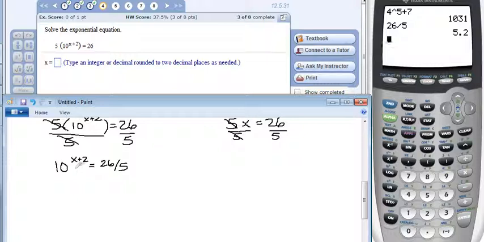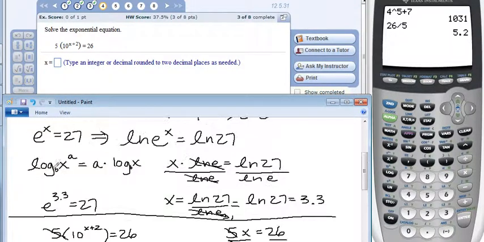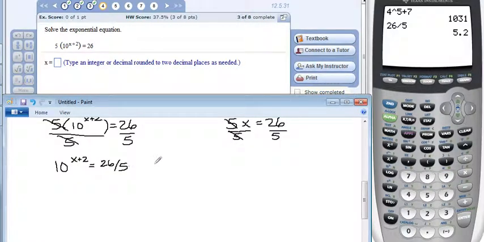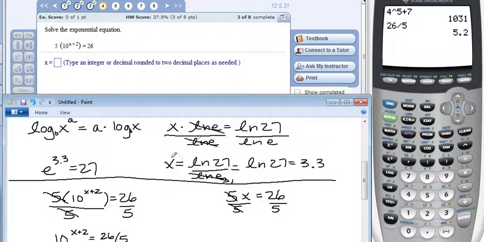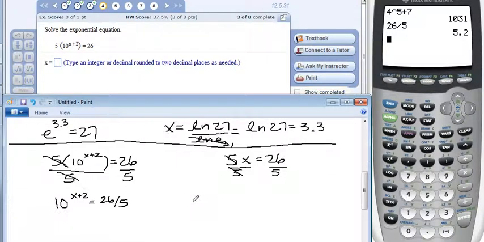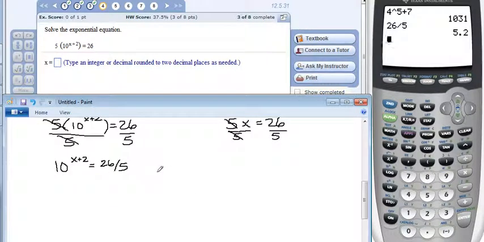So I'm going to turn this into a logarithm so I can take this piece down using my power rule. Last time we took the natural log of both sides. This time I'm going to take the common log of both sides, because it doesn't matter. So I'm going to transform this into common log of 10 to the x plus 2 is equal to common log of 26/5.